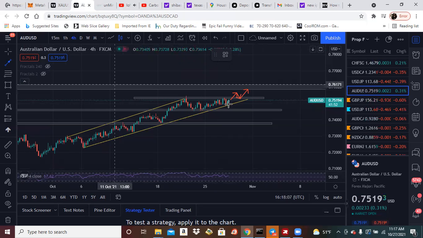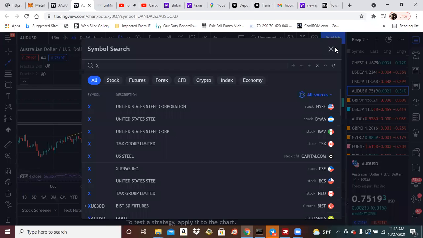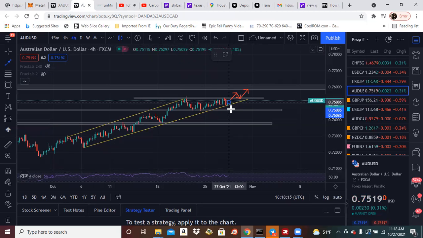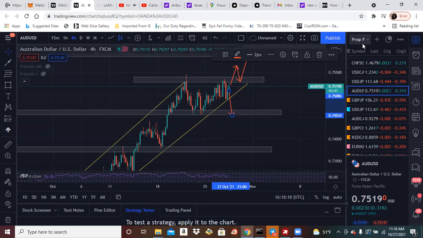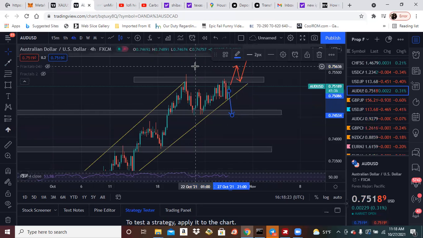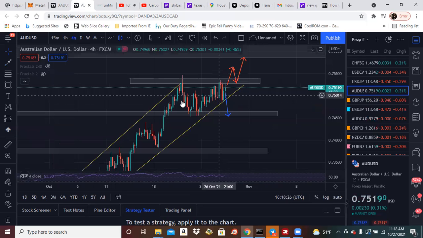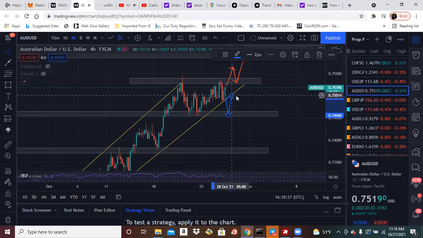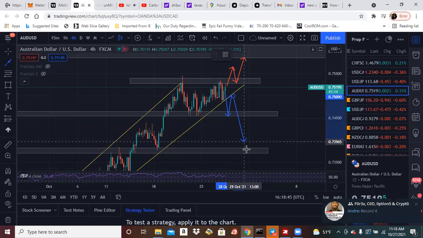But if we can get a break out of this trend line, and even if it breaks, let me make that a different color. If it breaks out of this trend line, no more higher highs, and it gets right here, pulls back and retests the trend line, and it makes maybe a double top, triple top, whatever bearish incentives, then it's gonna blow right through this floor.